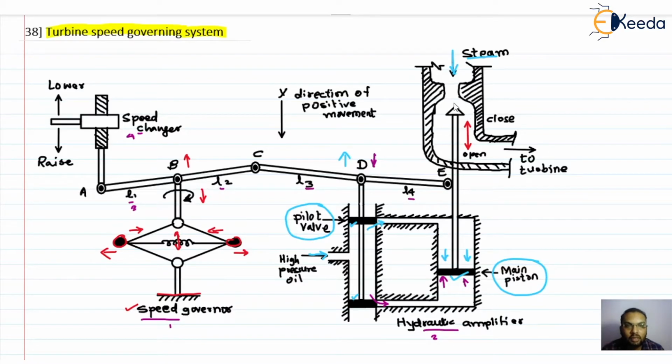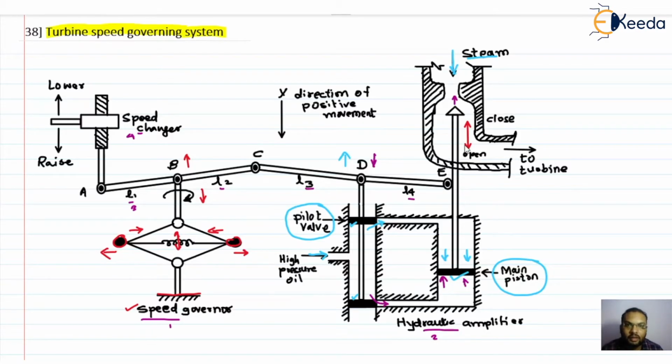Pushing this main piston upward means trying to close the gates, giving a smaller area for the steam to pass. As the steam passing through this is changing, we can have the corresponding change on the turbine, because ultimately the steam is going to pass through this gate to the turbine only.